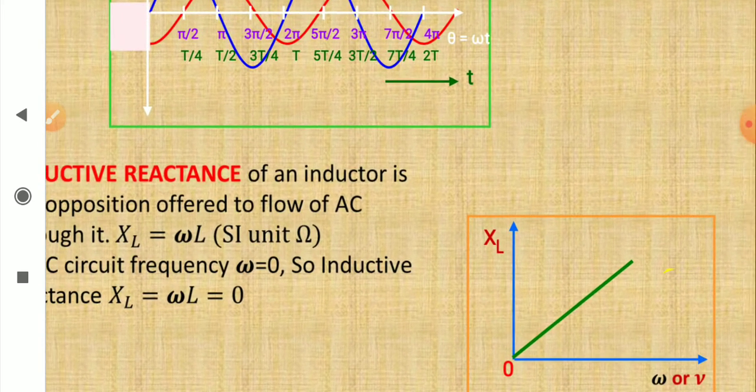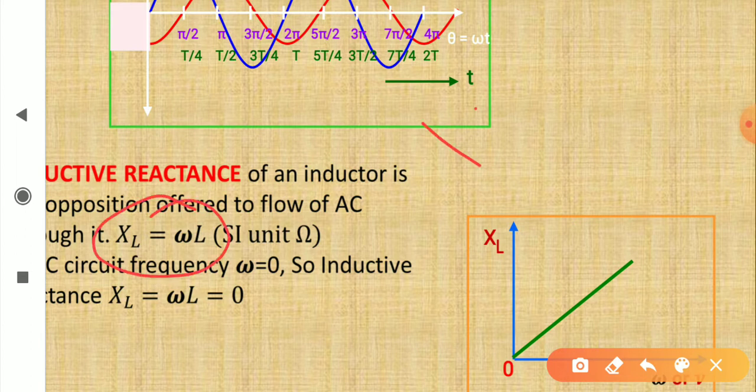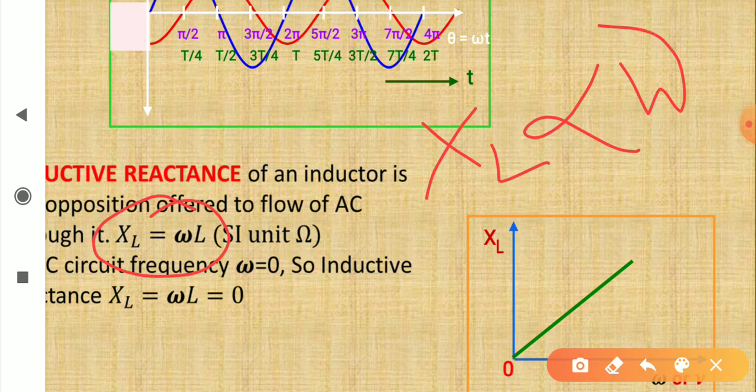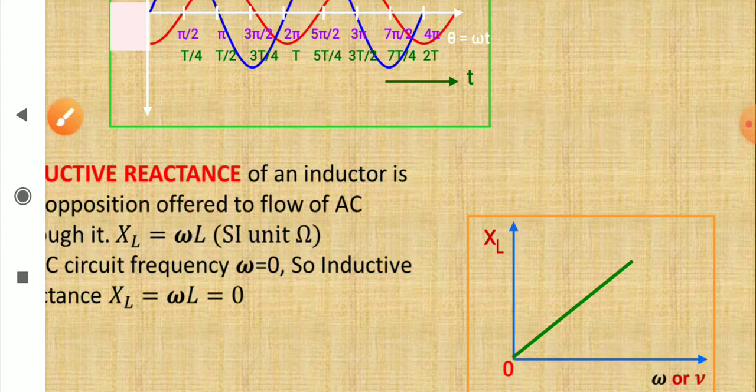Look at this variation. You can see that XL is proportional to omega, frequency. So when this frequency increases, XL also increases linearly. Look at this variation.